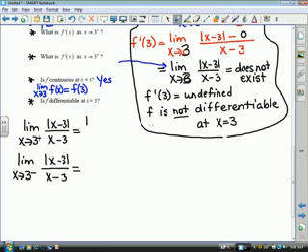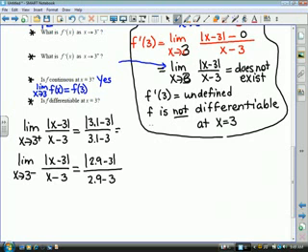Plug numbers in, right? Remember how we would do like 3.1, and then we'd plug in what? 2.9. Yep. Look here at the answers.